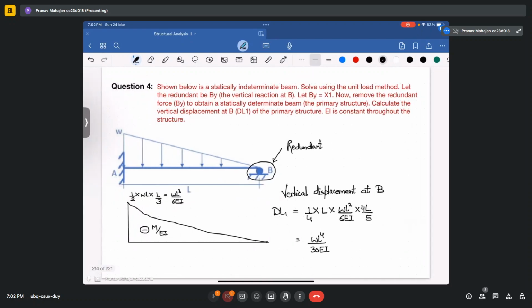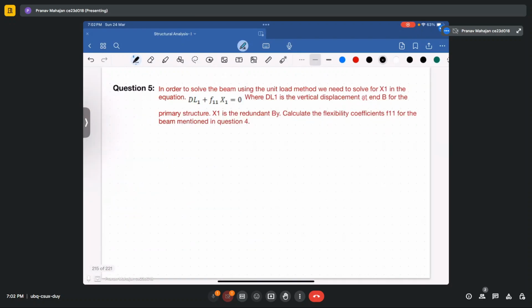Now in the next question, you have to calculate the flexibility coefficient for this beam. So what is written in the question? In order to solve the beam using the unit load method, we need to solve for h1 in the equation. How will you solve for h1? You will calculate the value of the flexibility coefficient for the beam mentioned in question 4. So what we will do, we will apply a unit load in this beam.